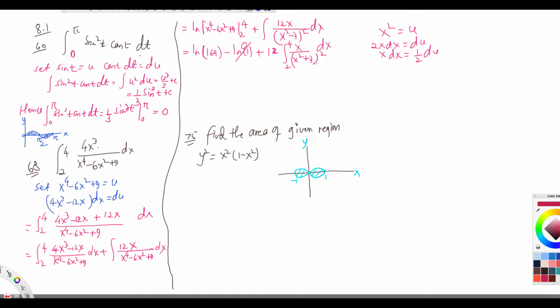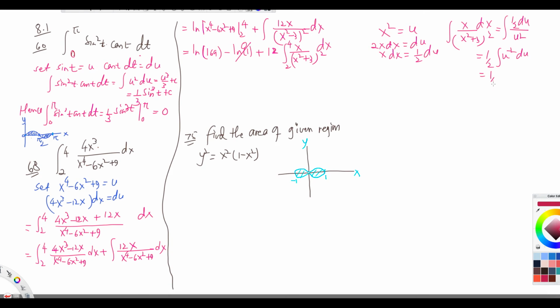So what do you get here then? You get x dx over (x squared minus 3) squared. That can be written as x dx is 1/2 du over u squared, right? Basically you get 1/2 and then u to the negative 2 du. If you use the integral, what do you get?